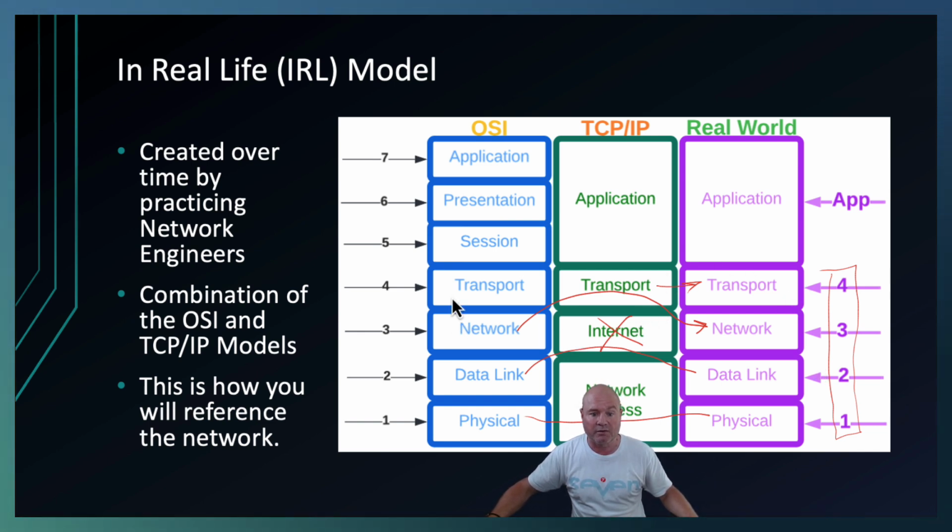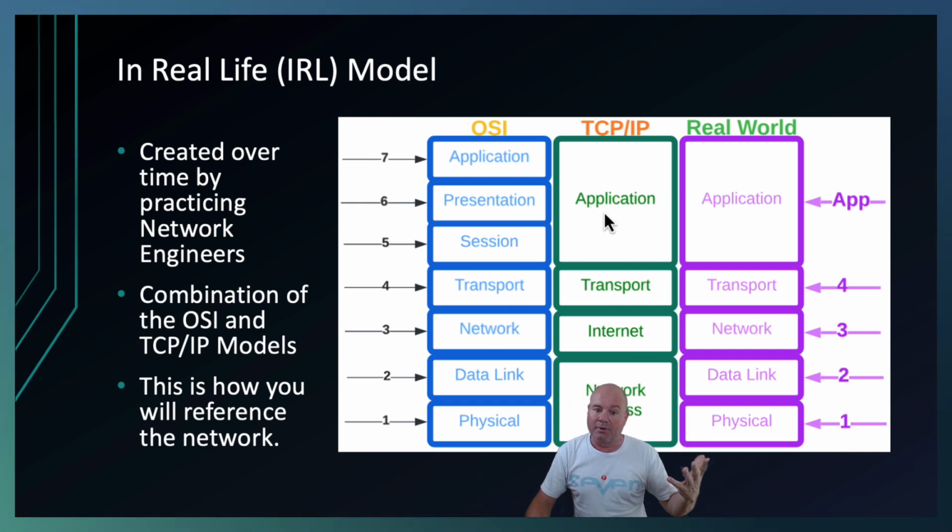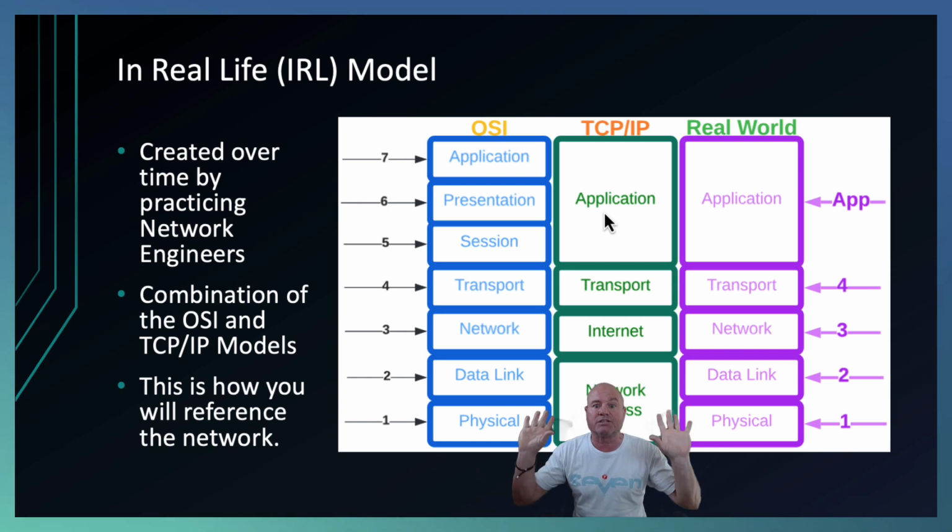For the most part, it's the OSI model of the first 4 layers, and then we've just combined the rest into what we call the app, or the application. Moving forward, this is how we're going to reference every aspect of this network. So that's the models, an overview for a general understanding for everybody that's watching this video.